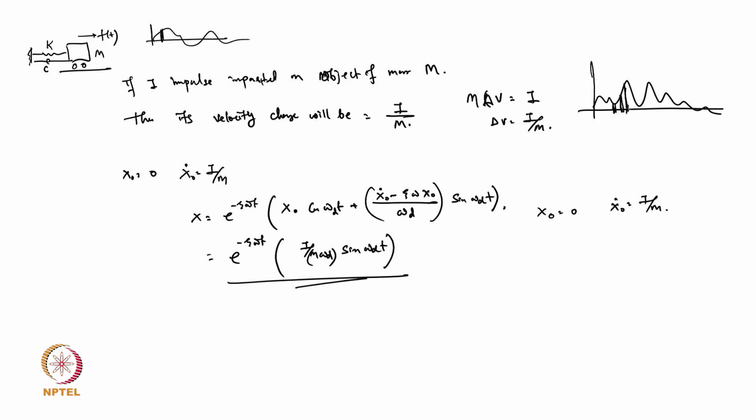What I'm doing is taking the full force and dividing it into small bits and considering each as an impulse. After time tau, that impulse occurs, so I know my response will be this much.